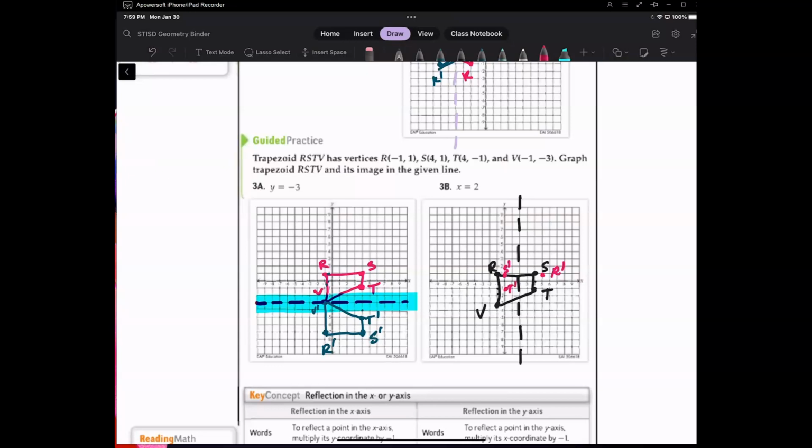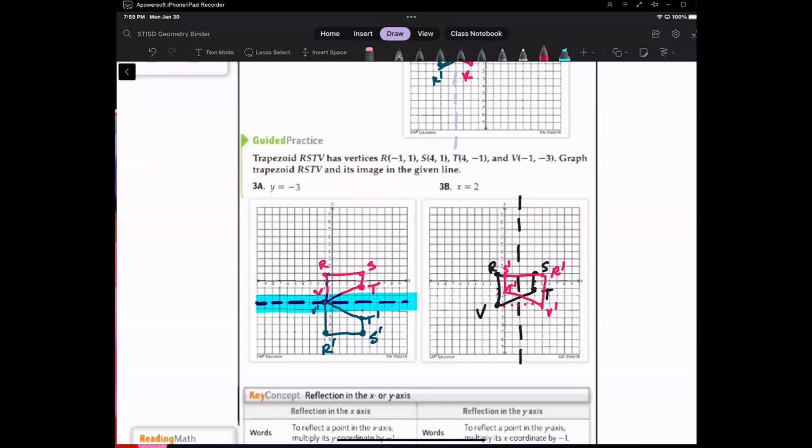And V is 1, 2, 3, 1, 2, 3. So that's V prime. Yeah, it looks very awkward since we're kind of overlapping. But the two pictures will overlap. So that's done correctly. I know it's going to take some time practicing, but that's a correct way to graph that.